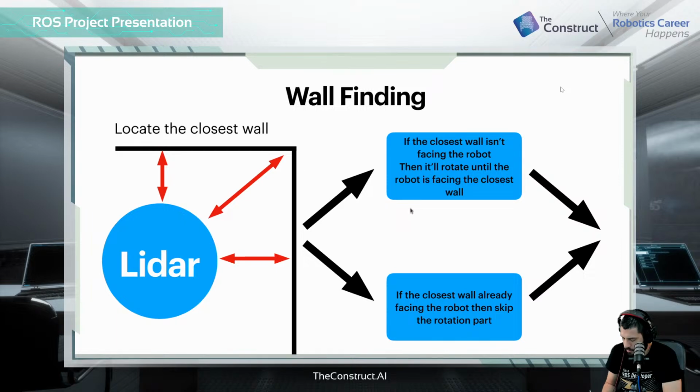If the closest wall isn't facing the robot, then it will rotate until the robot is facing the closest wall, meaning it will keep rotating until the front laser is actually calculating the minimum value. And if the closest wall is already facing the robot, then we will skip the rotation part because we don't actually need that.